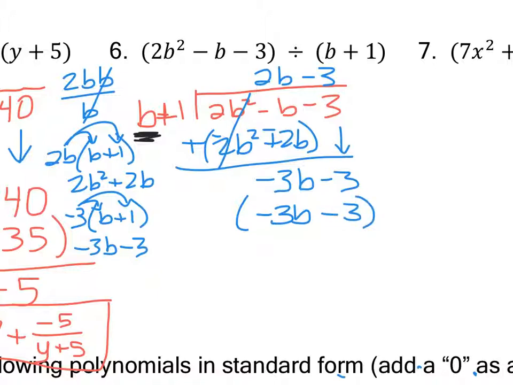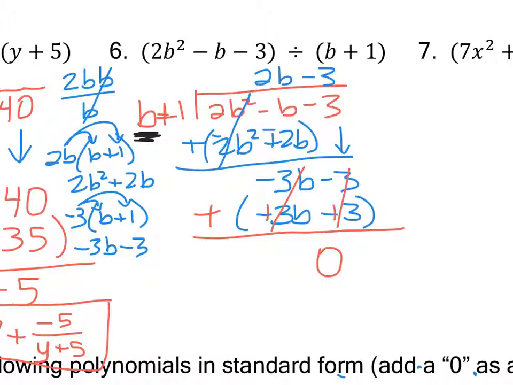Remember that this is a subtraction. So we're going to put our minus sign here, which really means we're going to need to change the sign of both of the guys inside the middle. Okay, so negative 3b plus positive 3b, those cancel out. Negative 3 plus positive 3, those cancel out. So we have no remainder.